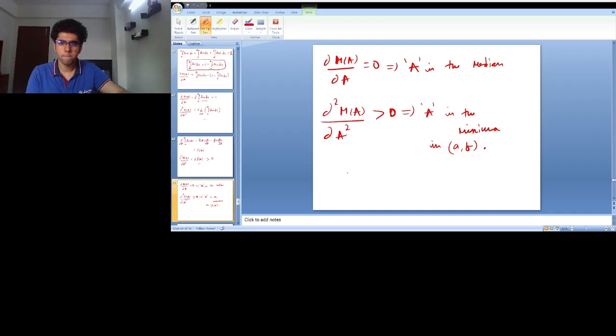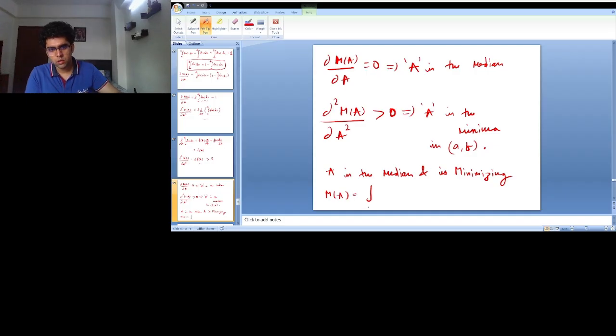And this essentially proved that A is the median and is minimizing the expression M(A), which is the integral from a to b of mod of x minus A times f(x) dx.